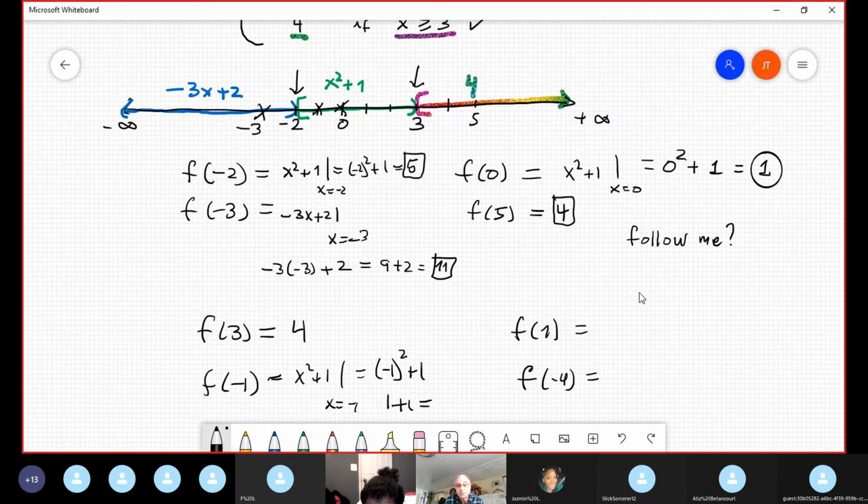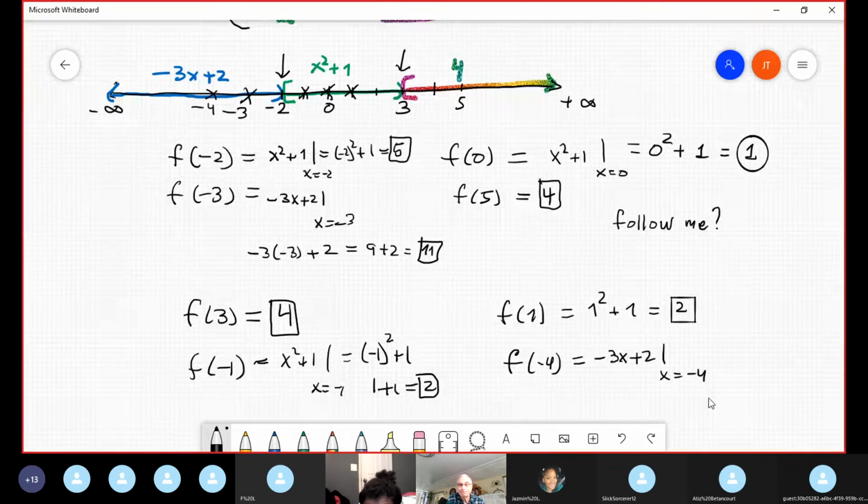Plus 1 is 2. Positive 1, similar. Here. 1 squared plus 1. It's 2 again. And negative 4 is here. Therefore, you select the expression negative 3x plus 2 evaluated at negative 4.